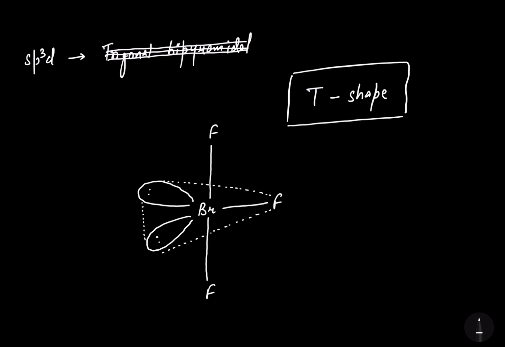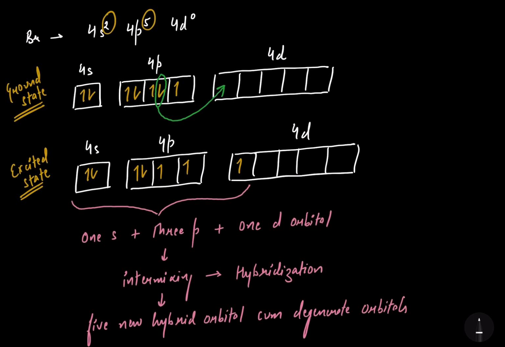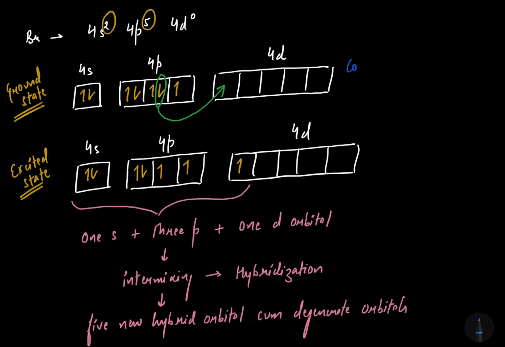So now at last, let's talk about the energy points. Here we are having 2 endothermic processes. The first one is consumption of energy for the promotion of electron from 4p to 4d. So I am writing here, consumption of promotional energy.